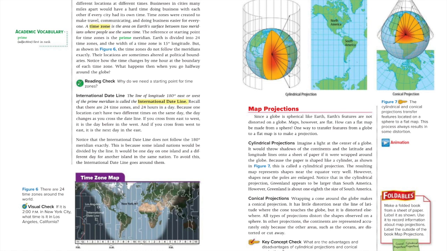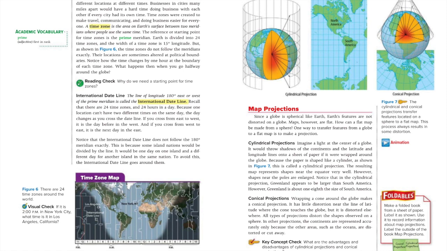So a time zone is the area on Earth's surface between two meridians where people use the same time. The reference or starting point for time zones is the prime meridian. Earth is divided into 24 different time zones, and the width of a time zone is 15 degrees longitude.